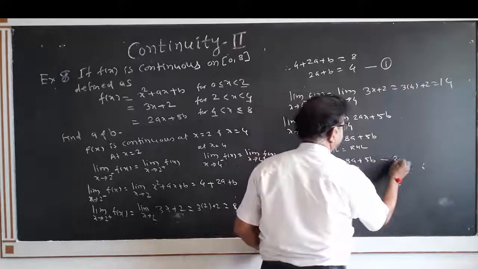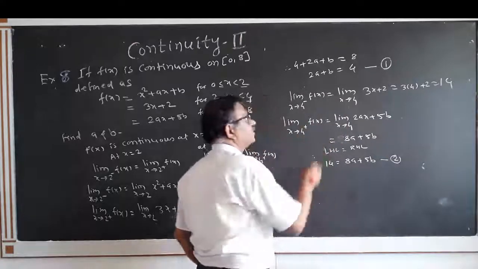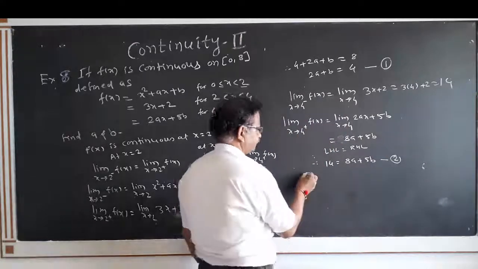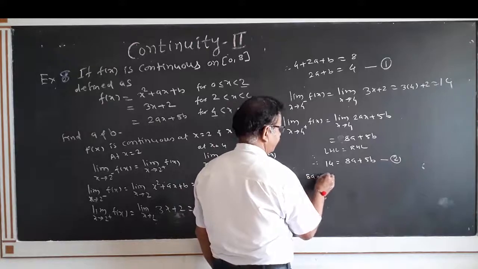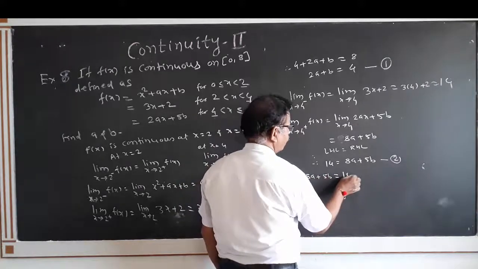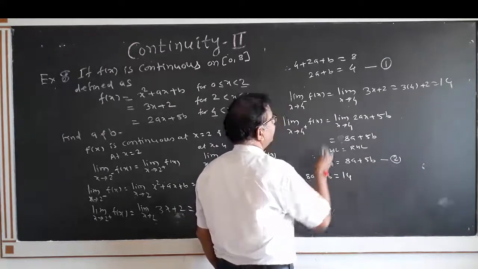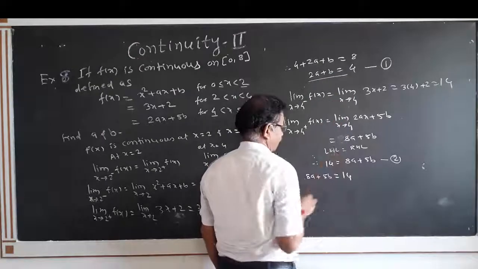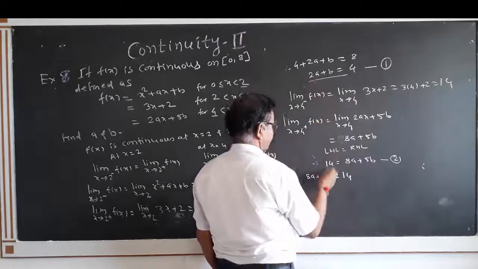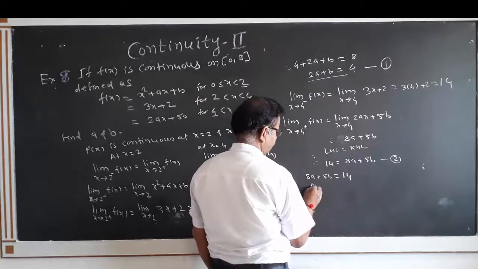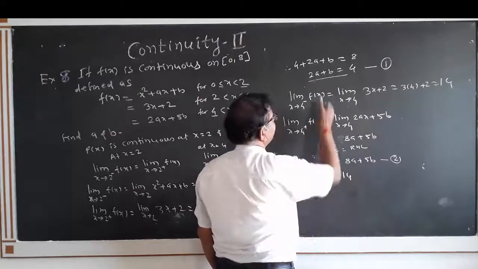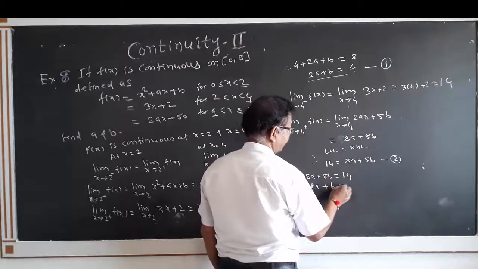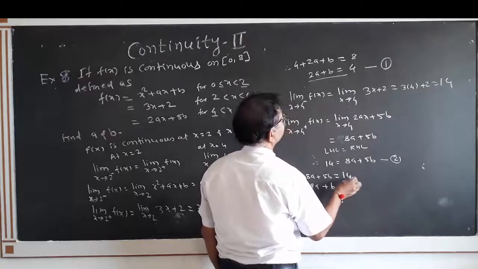This is the second equation. We shall solve equations 1 and 2 simultaneously. 8a plus 5b equal to 14. Equation 1 we shall multiply by 4. Therefore, 4 into 2a, 8a, plus 4 into b equal to 4 into 4.